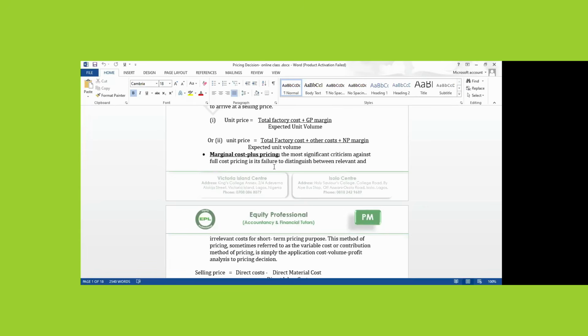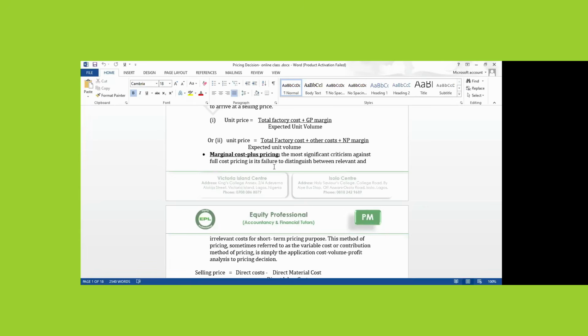The marginal cost plus method ignores fixed cost. It separates relevant costs from irrelevant costs.